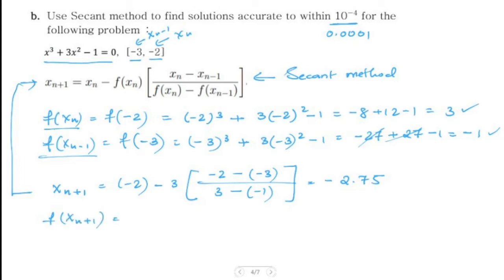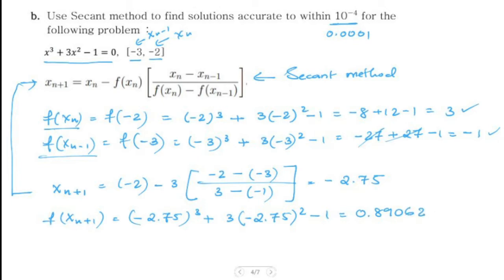Putting minus 2.75 in the equation, we have minus 2.75 cubed plus 3 times minus 2.75 squared minus 1, and that gives us the value 0.890625.